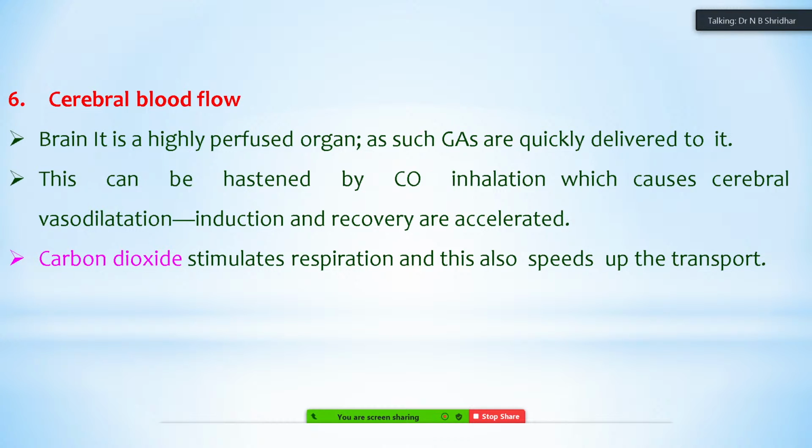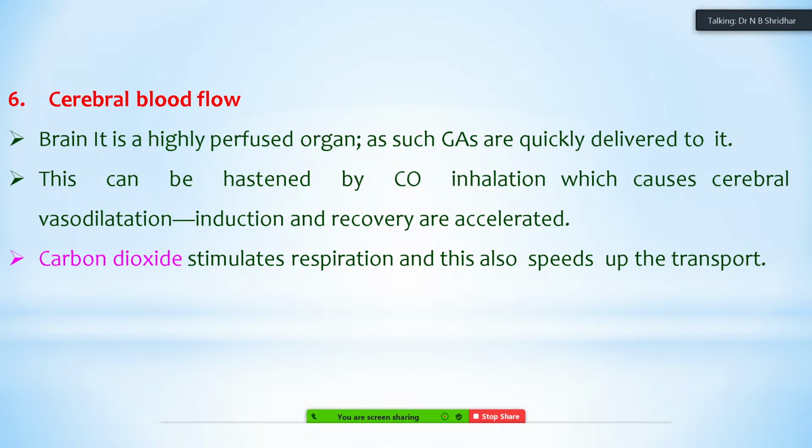It will enter the alveoli, and from the alveoli it is going to enter the pulmonary vein. Then from the heart, it is pumped to the central nervous system or the brain. This can be hastened by carbon dioxide inhalation, which causes cerebral vasodilatation, and induction and recovery are both accelerated.